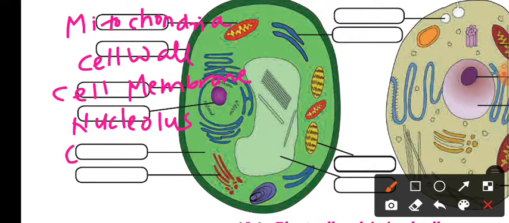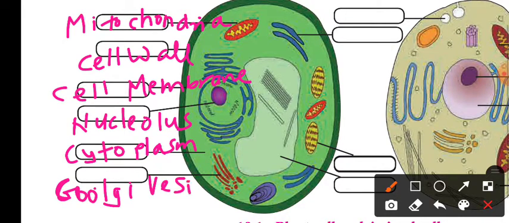Then the next one is a cytoplasm. Then the next one is a Golgi vesicle. This one is a Golgi vesicle.